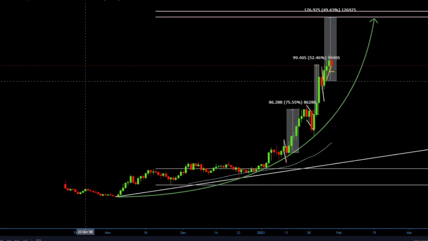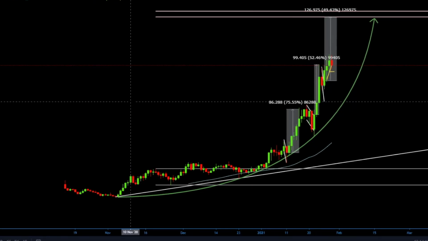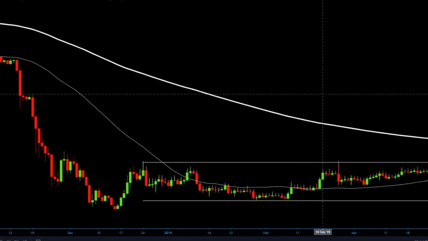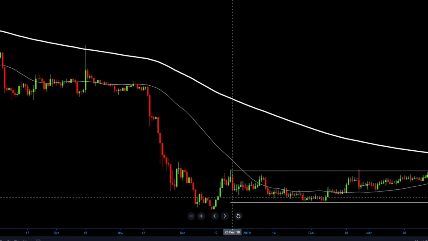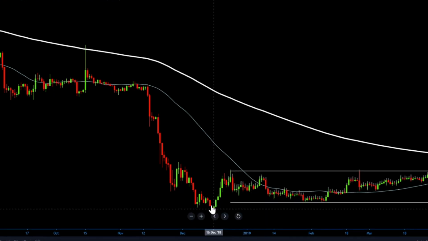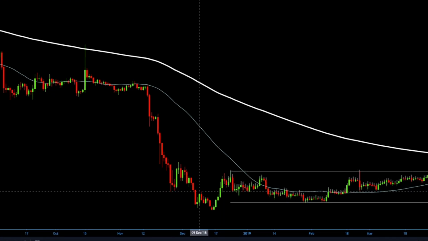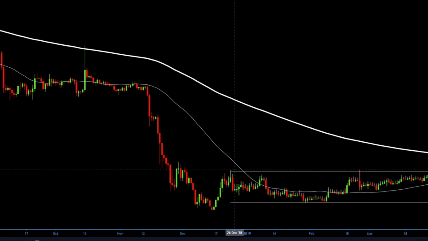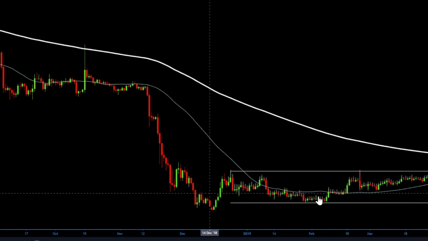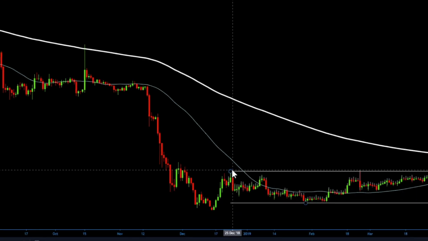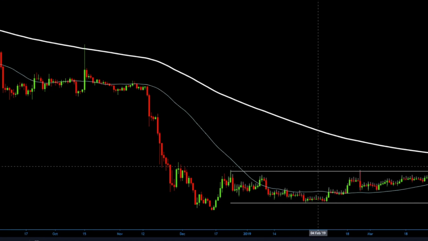Like if we go to the Bitcoin price action and look at the history, we can see that back at the end of 2018, we had this lower low printed and then a new higher high printed. So we broke above the previously made high and the higher highs and higher lows pattern has started. So we have applied fibs to this correction, the same as we did right now on AAVE.